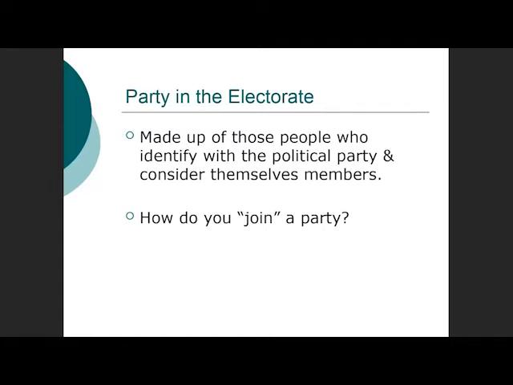The electorate are those folks who vote, right? So anybody that's voting or says they're going to vote and says they belong to a particular party, they do, right? And so it's real hard, especially in states like Texas, to know how big that is or how much that is, right?